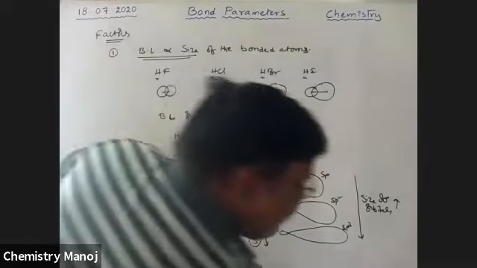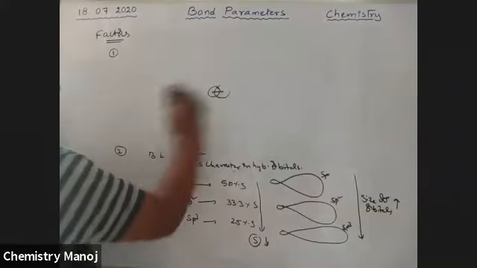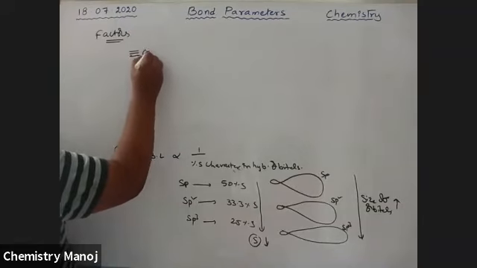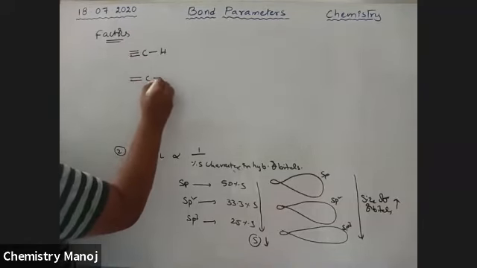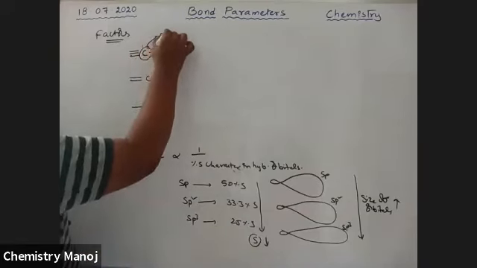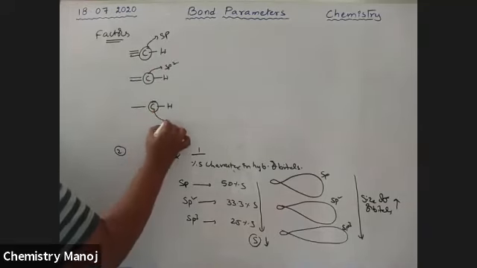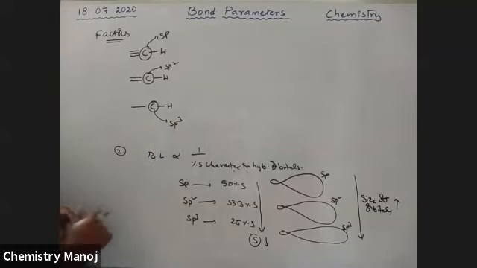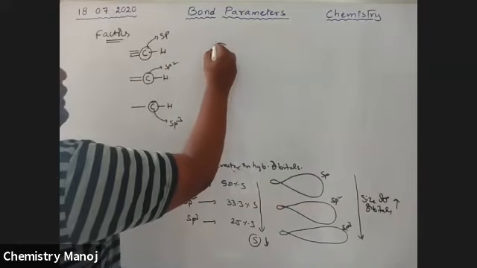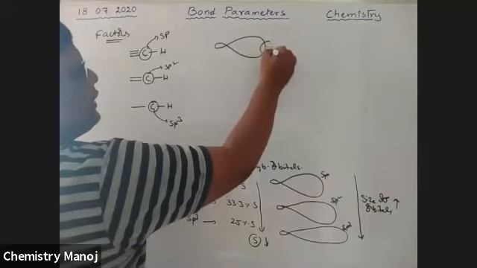So I am taking the C triple bond C H bond, the double bond C H bond, and the single bond C H bond. Triple bonded carbon is in sp hybridization, double bonded carbon is in sp2 hybridization, and single bonded carbon is in sp3 hybridization. So the hybrid orbital coming from this carbon is sp, this is the hydrogen orbital.